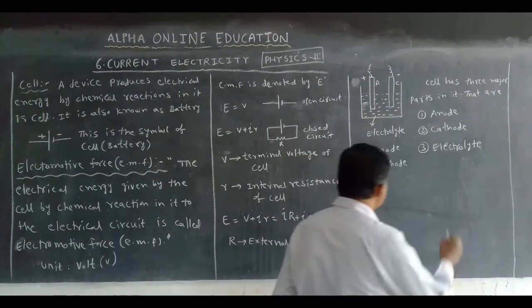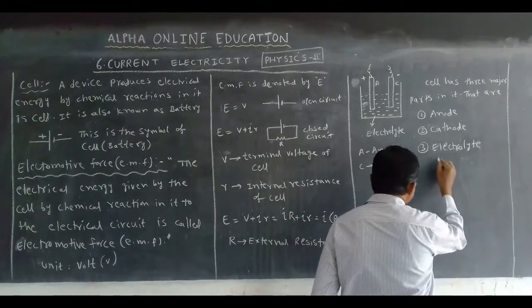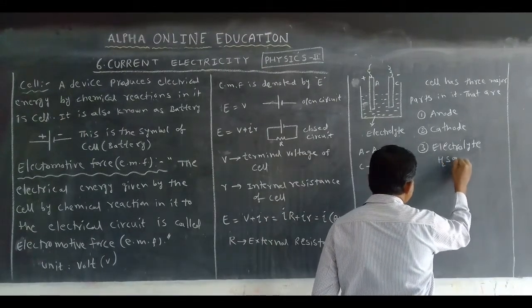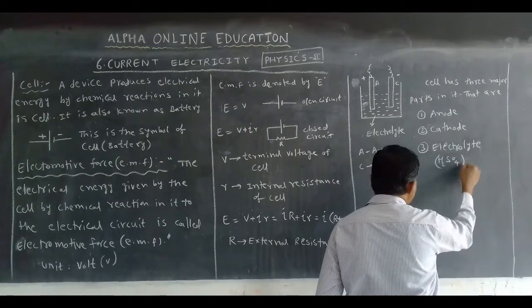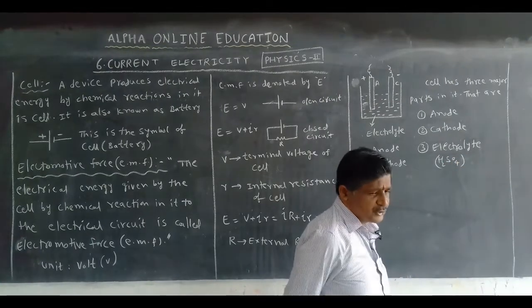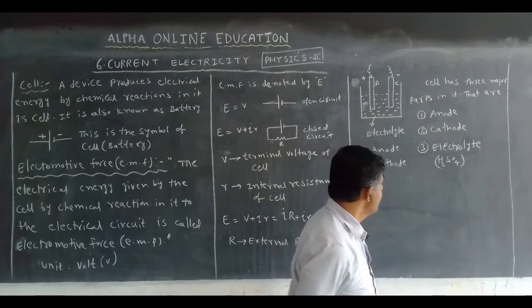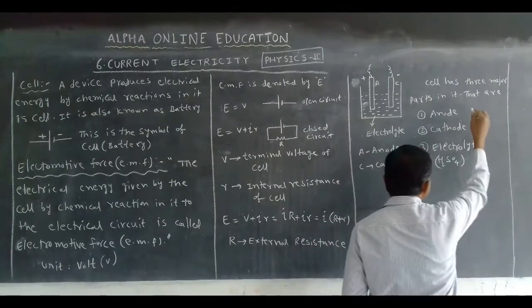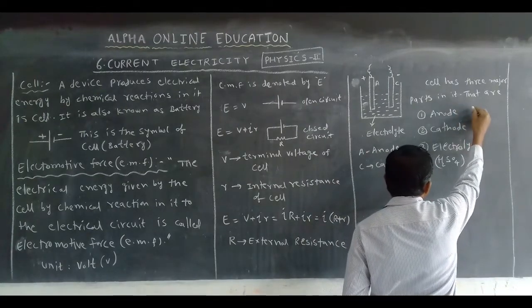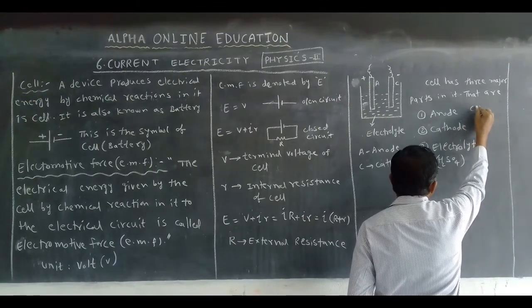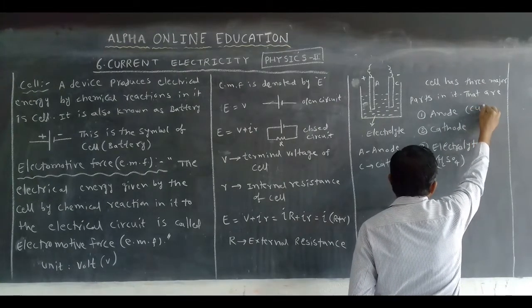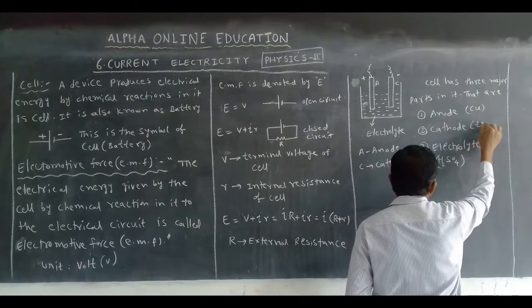Mostly the electrolyte in the cell is sulfuric acid, H2SO4. Which is taken as anode? The anode is taken as copper and the cathode is taken as zinc.